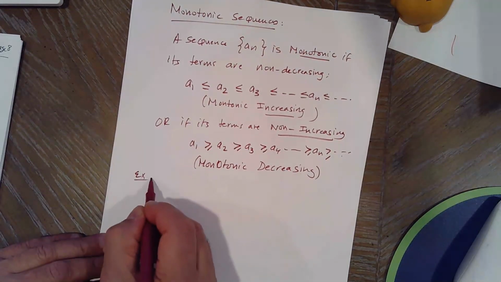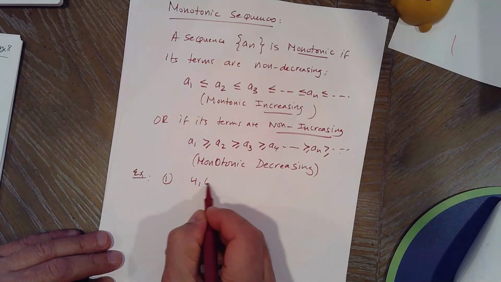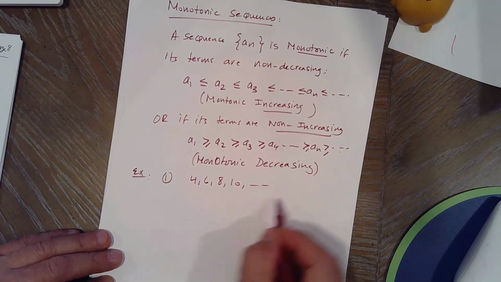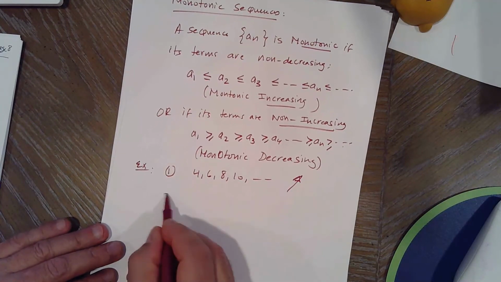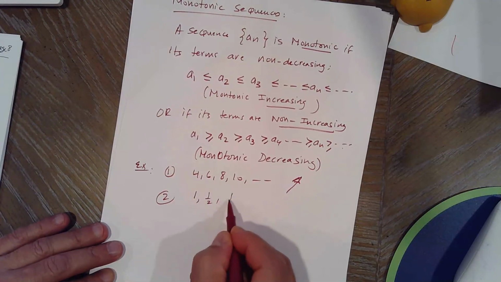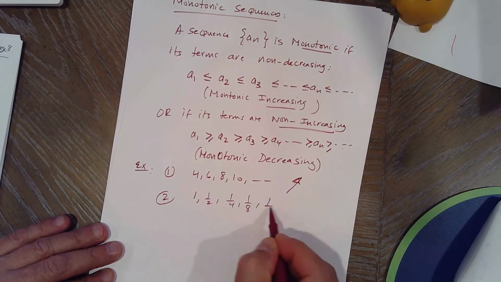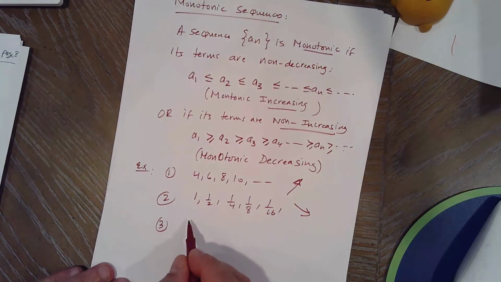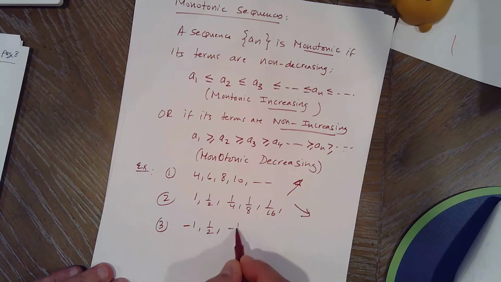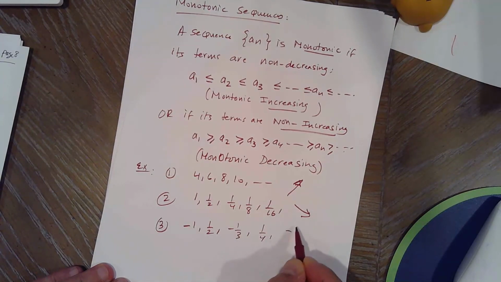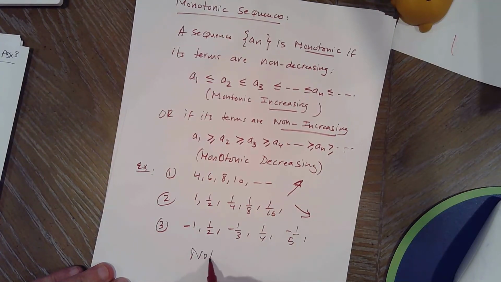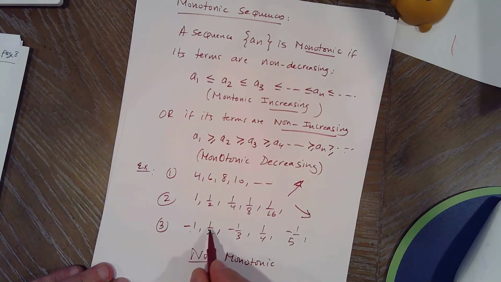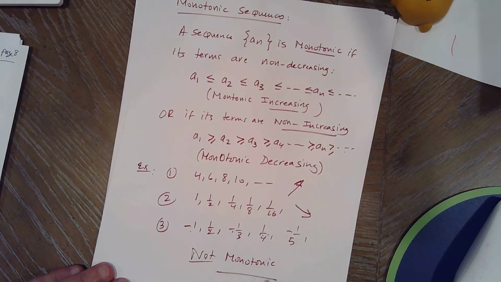So for example, the sequence 4, 6, 8, 10 is monotonic increasing. 1, 1/2, 1/4, 1/8, 1/16 is monotonic decreasing. And -1, 1/2, -1/3, 1/4, -1/5 is not monotonic, because it increases, decreases, increases, decreases, so there's no pattern. Okay.